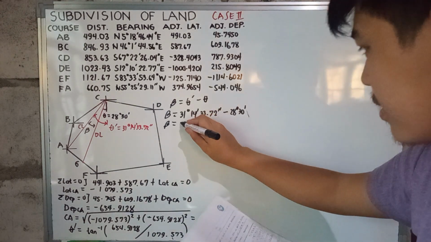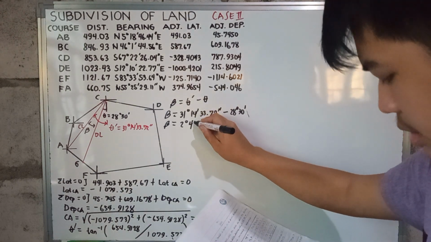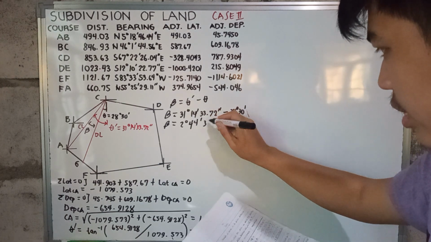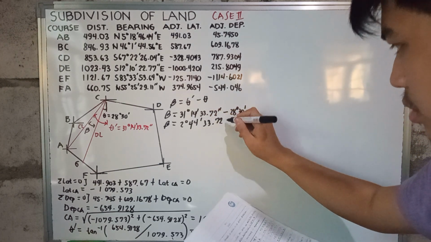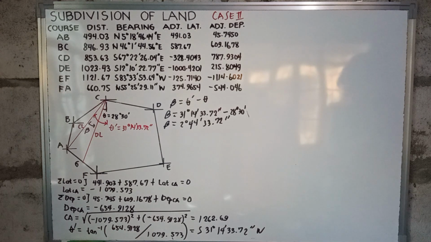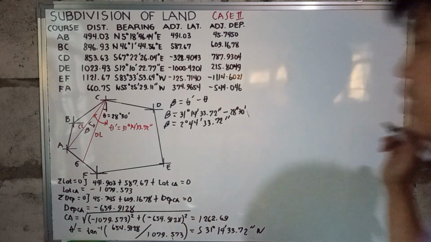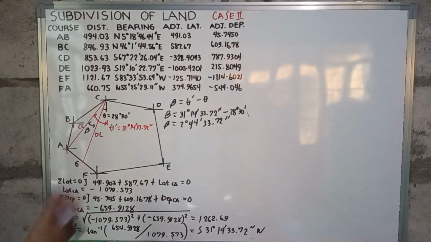2 degrees, 44 minutes, 33.72 seconds. So, meron na tayong value ng beta. And then, makukuha pa tayong isang value ng angle dyan. Let's say, bigyan na natin pangalan yung mga angles natin.